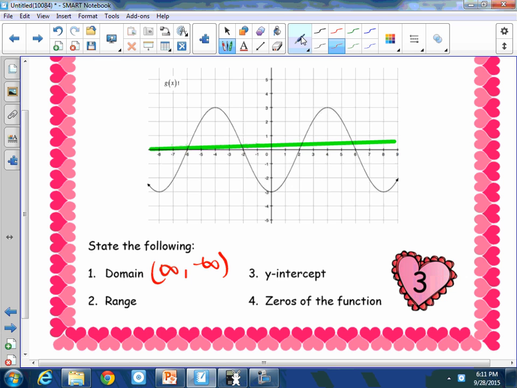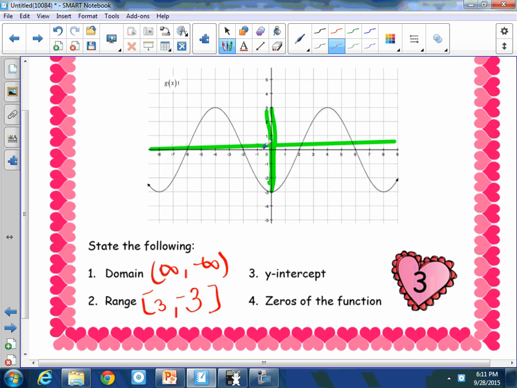What about the range? Now, the range is a little different because it doesn't go all the way up. It goes from positive 3 to negative 3, and it includes those two.